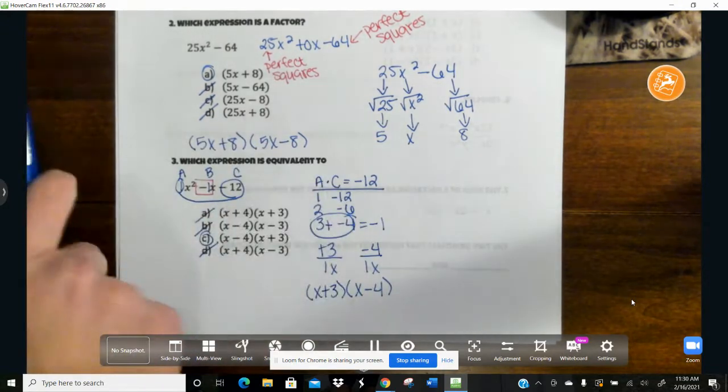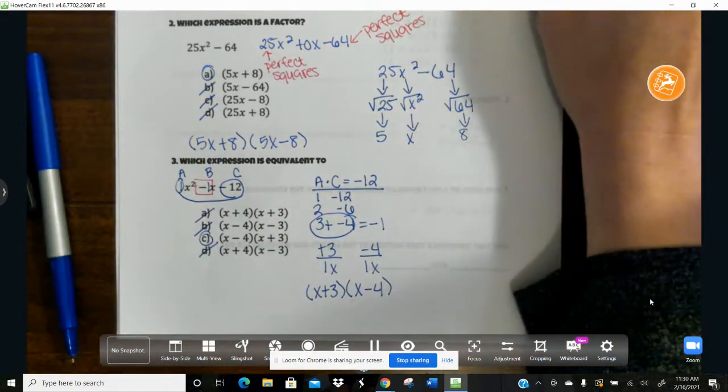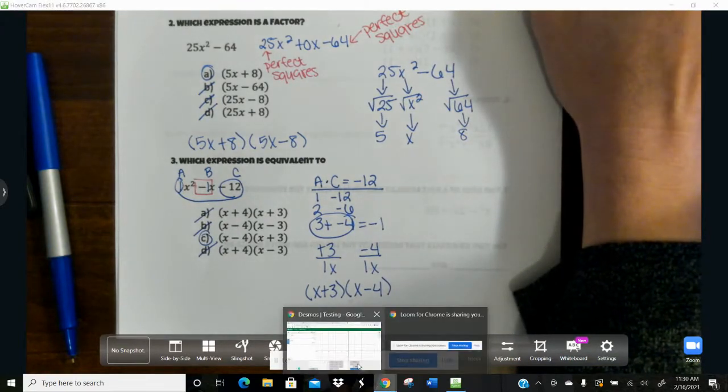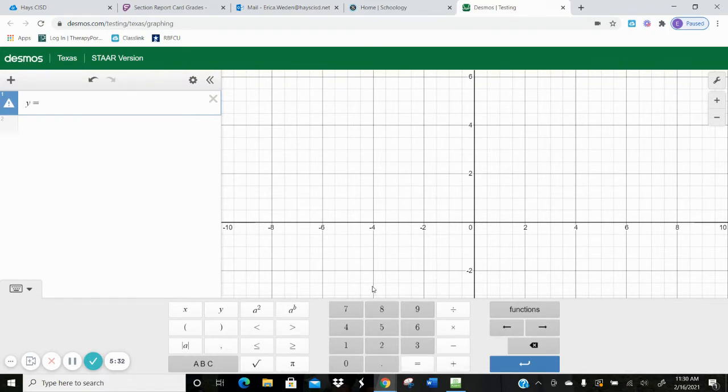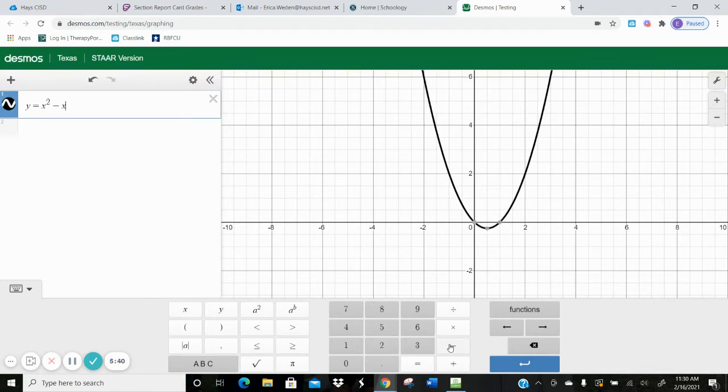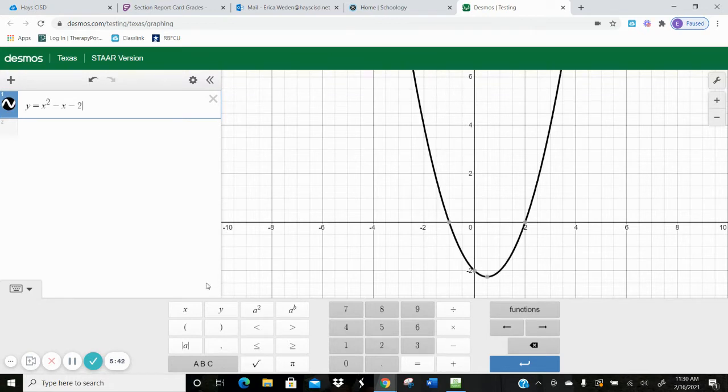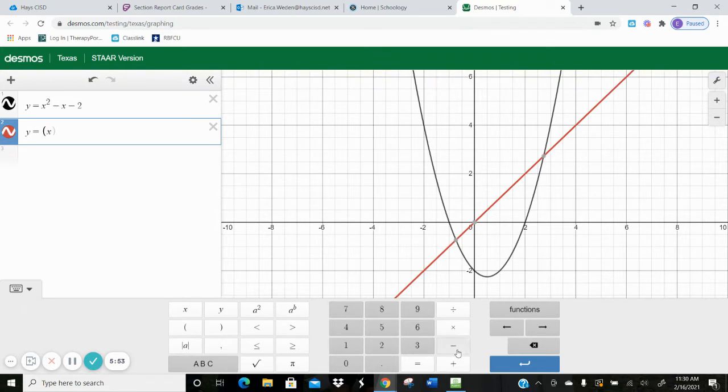If I want to check, or if I wasn't sure how to work that problem, I could do it in Desmos by checking the answer choices and seeing which one overlaps. So I would put the original, so y equals x squared minus x minus 12. And then in the bottom, I could put the answer choices. So let's check C and make sure we're good. So y equals parentheses x minus 4.